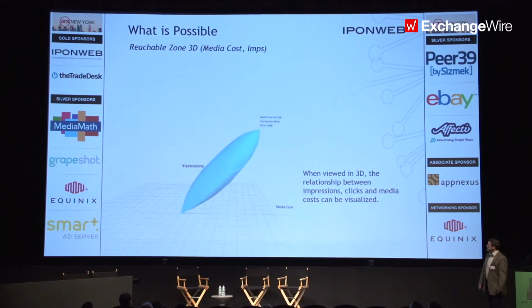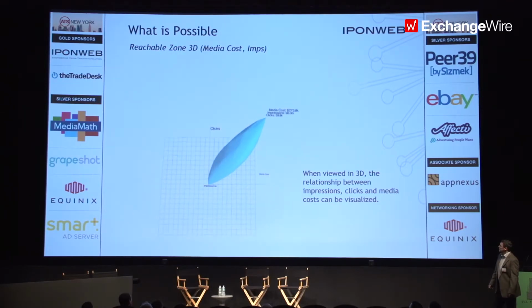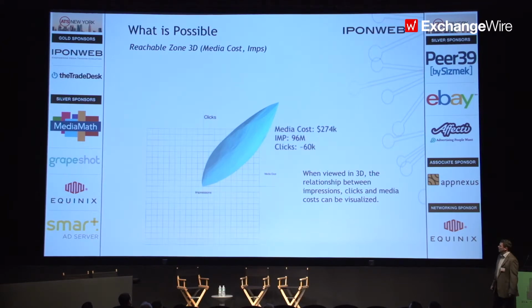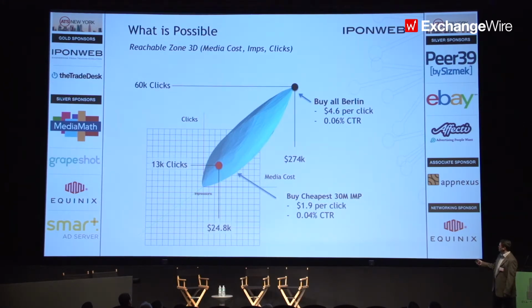And what you see is that now I'm basically turning it onto me, and I'm seeing clicks. So that's the same reachable zone, but I'm now looking at a different view. And on that view, what I see is that my buy-all-Berlin strategy is still up here. It's still my 60,000 clicks. I now know it's 60,000 because that's the value along this axis.